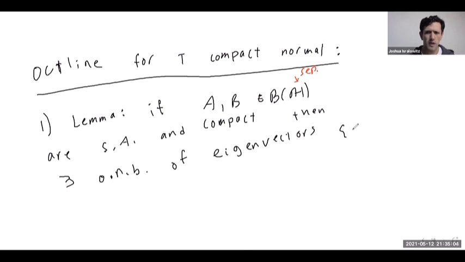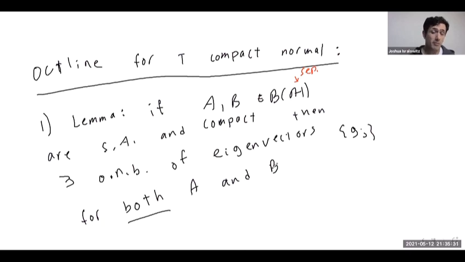let's call it, use the same notation, G, J. And the key here is that these GJs are eigenvectors for both A and B. So each GJ is an eigenvector for both A and B. So what we just proved guarantees that A has an orthonormal basis of eigenvectors.